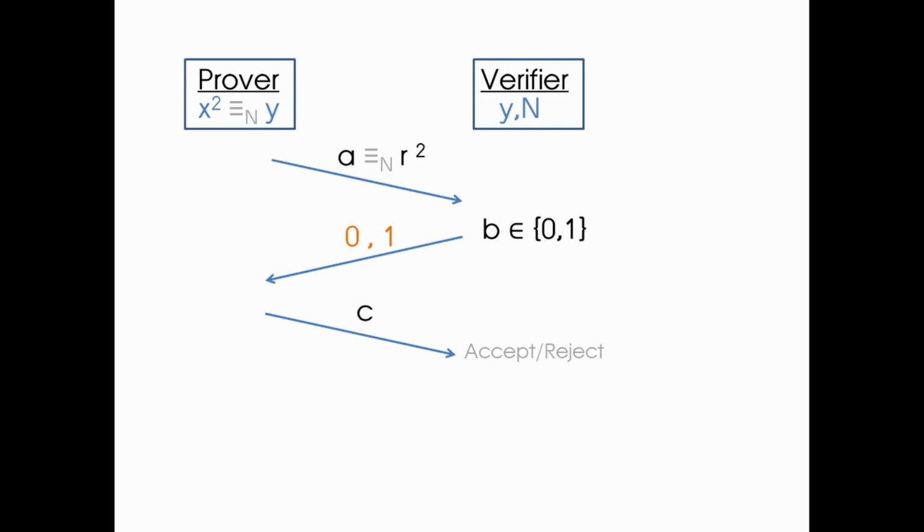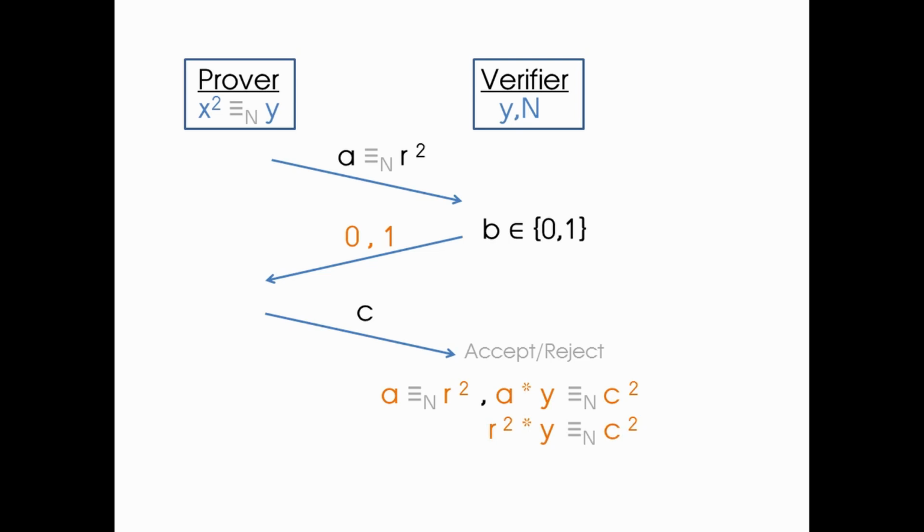Let's say that the verifier accepts with probability more than 1/2. If the verifier accepts when b equals 0, it means that a equals r squared. But if the verifier also accepts when b equals 1, it means that a times y equals c squared, where c is the third message of the prover. So what does this tell us? We can substitute a with r squared and get that r squared times y equals c squared.